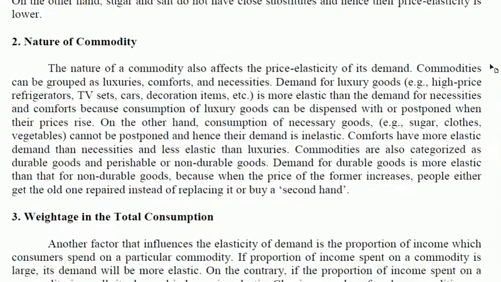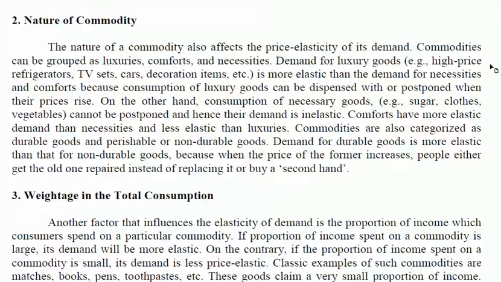Moving on to the next one, the nature of the commodity. The nature of the commodity also affects the price elasticity of demand. Commodities can be grouped as luxuries, comforts and necessities.